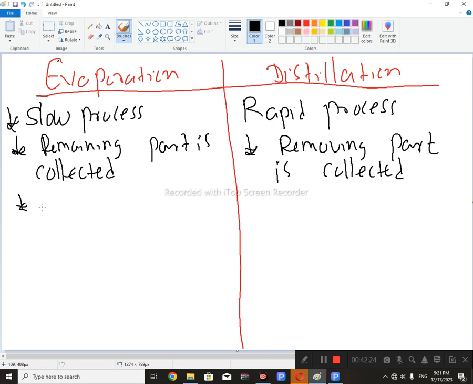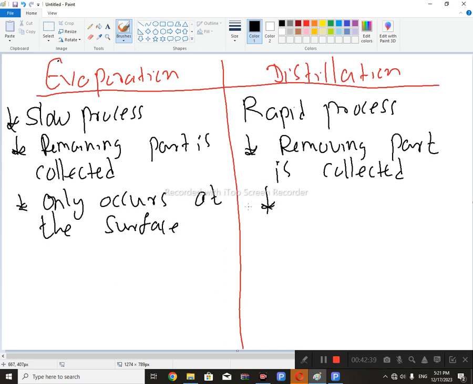Evaporation only occurs at the surface. Distillation doesn't only occur at the surface.